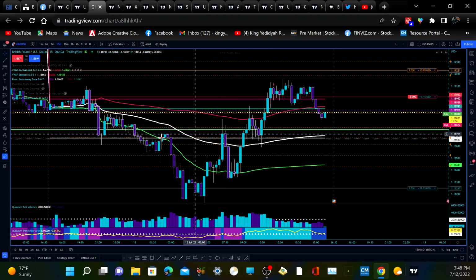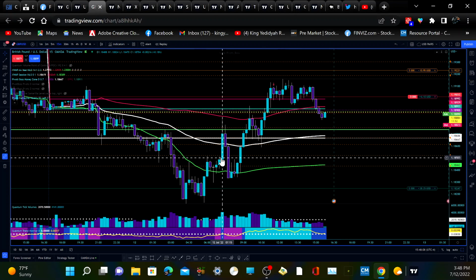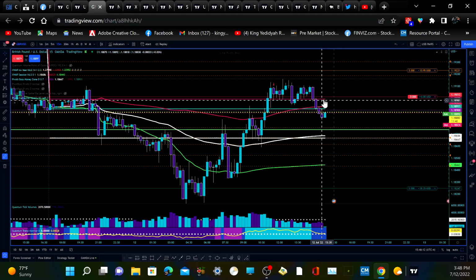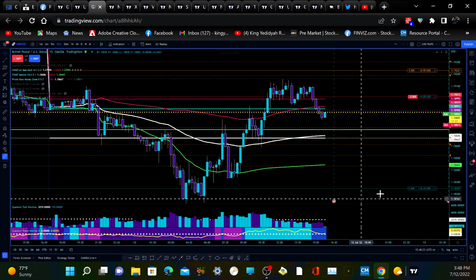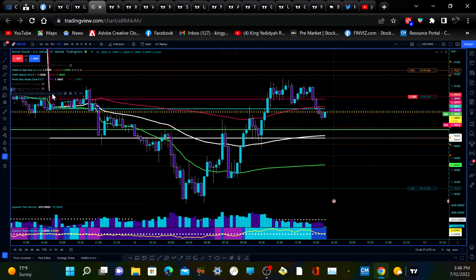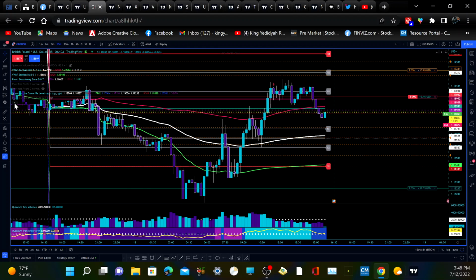This white line going across the horizontal is the value area low of the money zone, and this purple line is the value area high. So we're breaking these high levels, and if we break this value area low and VWAP, that's a good sign to hit my target at 1.18247.